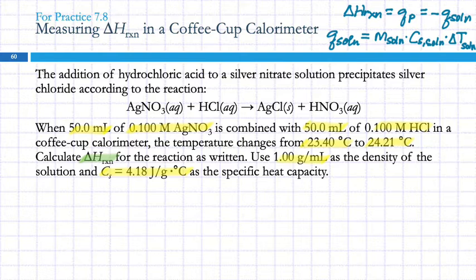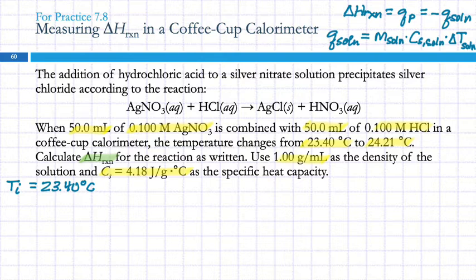So I'm going to start here with temperatures, because that's going to be how I'm going to get my delta T, right? And I have a limited amount of space down here. So 23.40 degrees Celsius. What kind of a temperature is that, initial or final? Initial.